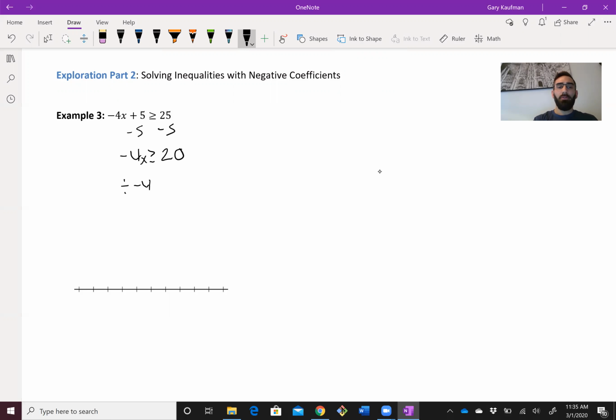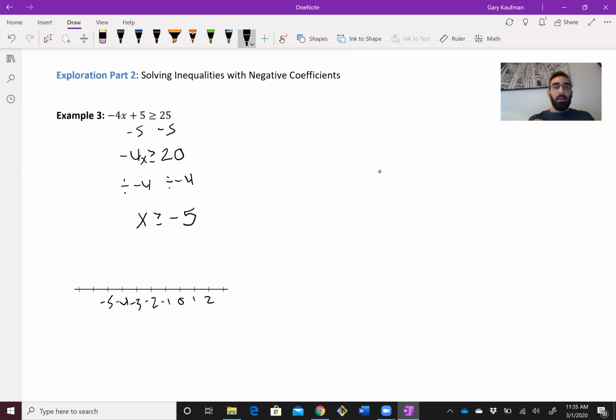Divide by negative 4, divide by negative 4, and I got x is greater than or equal to negative 5. So let's go and graph this. I'm going to say 0, 1, 2, negative 1, negative 2, negative 3, negative 4, negative 5.